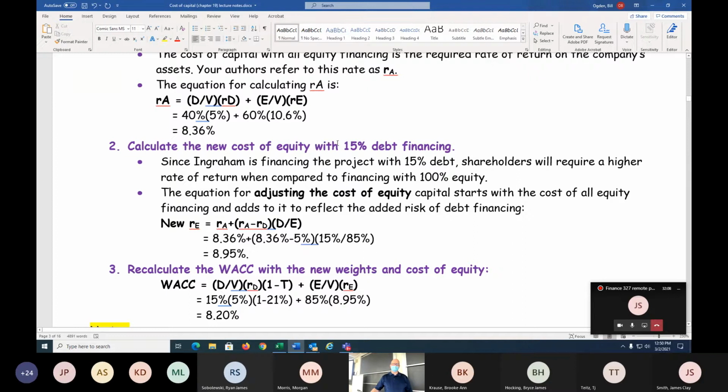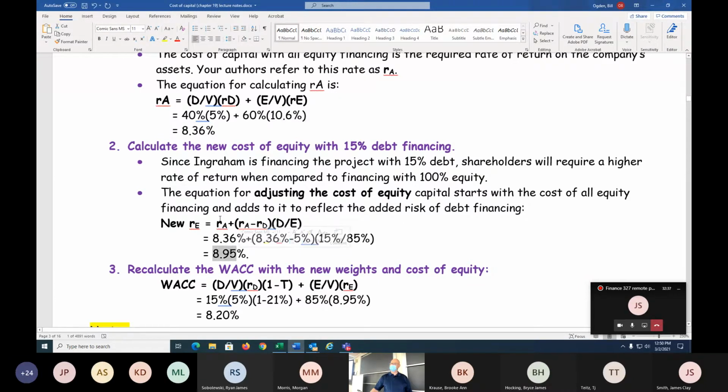So if we will have 15% debt, two sources of permanent capital, it's either debt or it's equity. So it's 15% divided by 1 minus 15%, or 85%. All right, so now, do you see what the shareholders did? What's the big change for the shareholders for 15% financing? They've reduced their required rate of return from 10.6 down to 8.95.